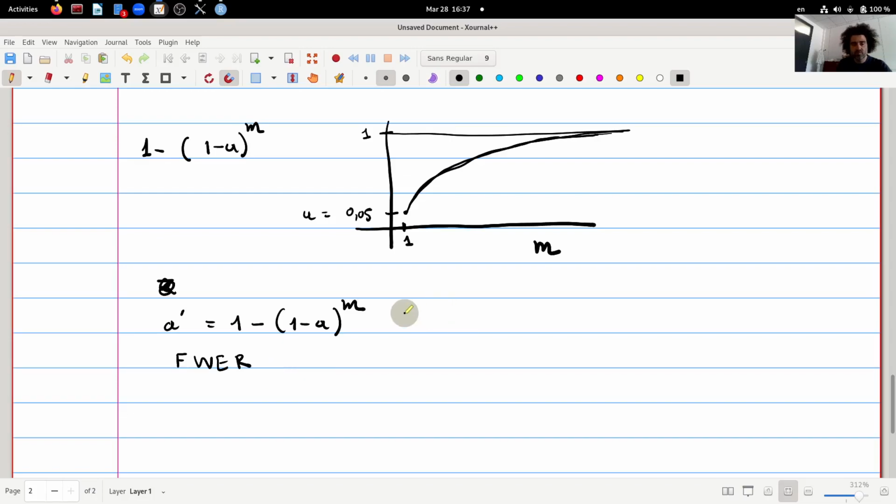Now there is a mathematical equation that says that this is smaller or equal to alpha multiplied by m. So as an example, if m equals 6 and alpha equals 0.05, then this number, if I remember well, is something like 0.26 or something like that.